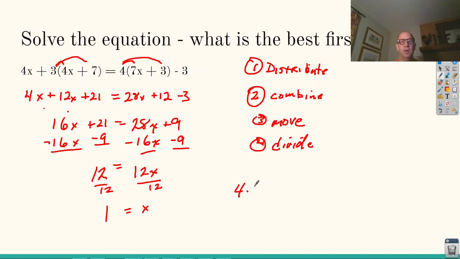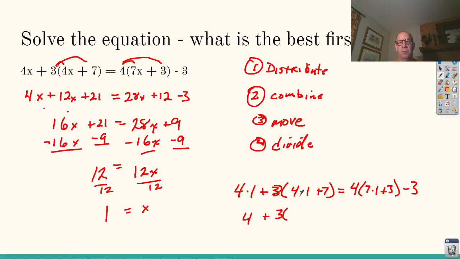So 4 times 1 plus 3 times the quantity of 4 times 1 plus 7 equals 4 times the sum of 7 times 1 plus 3 minus 3. So multiply by 1 doesn't change anything, so I've got 4 plus 3 times, so that's 4 plus 7, which is 11.